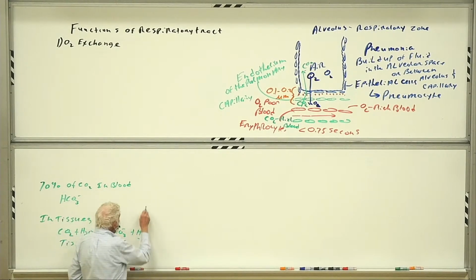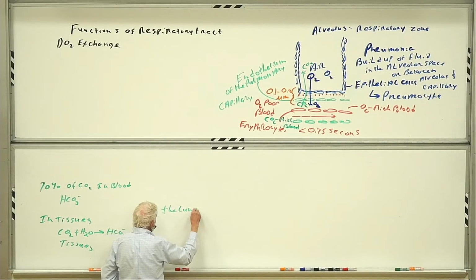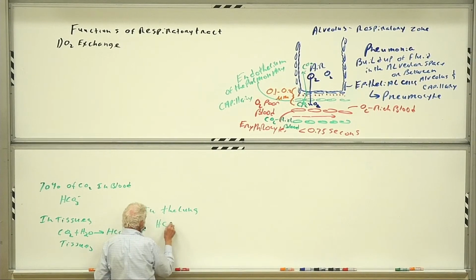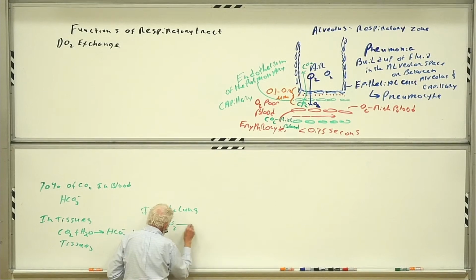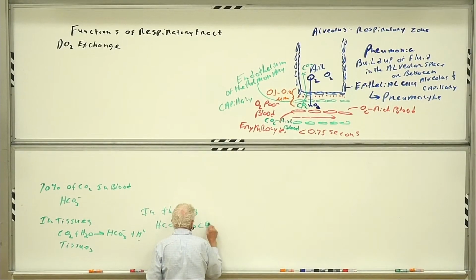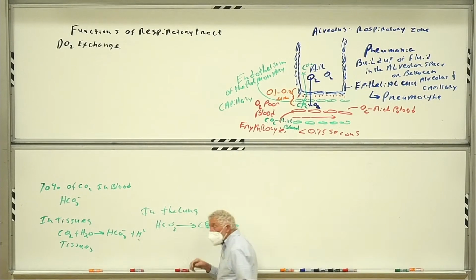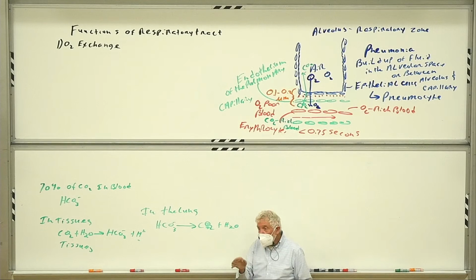As we can take CO2 and water and make bicarbonate, this is what happens in the tissues. In the lung, we take bicarbonate, HCO3 negative, and we convert this back to CO2 plus water. So your question is spot on.